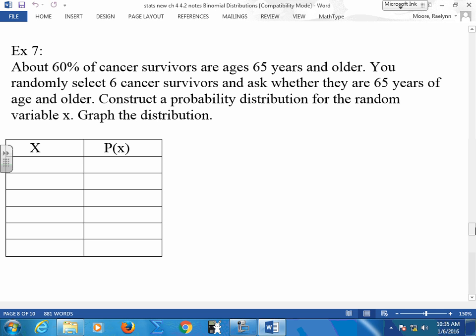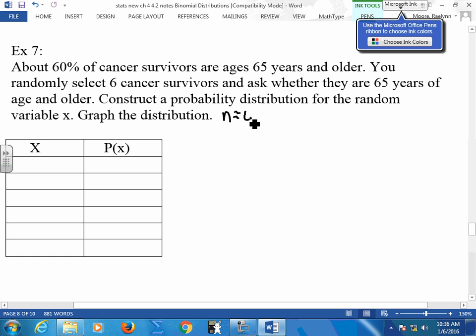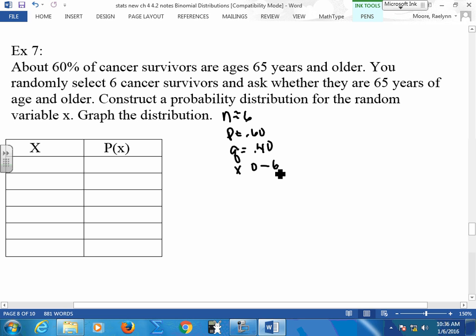We're going to construct a probability distribution for our random variable. So, is this binomial? Yep. What is my N? 6. What is my P? 0.60. What is my Q? And my X goes from 0 to 6.